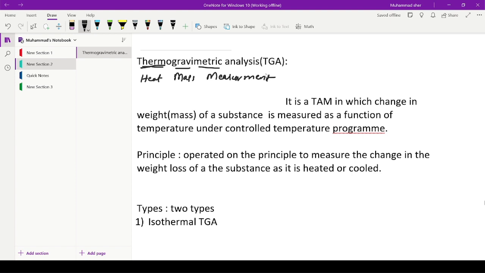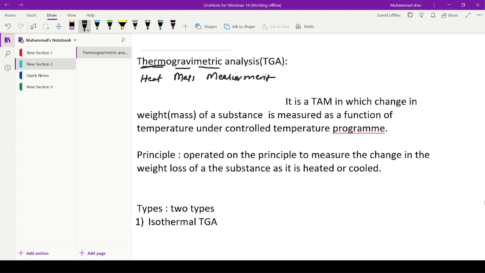Like if we provide low heat to the sample, or we can say mass, then there may be physical changes in the form of evaporation or dryness. And if we provide high heat to the compound, there may be phase changes, there may be chemical changes. So we will observe different changes at the different levels of heat we provide. And all this relationship between the heat and mass can be studied through thermogravimetric analysis.